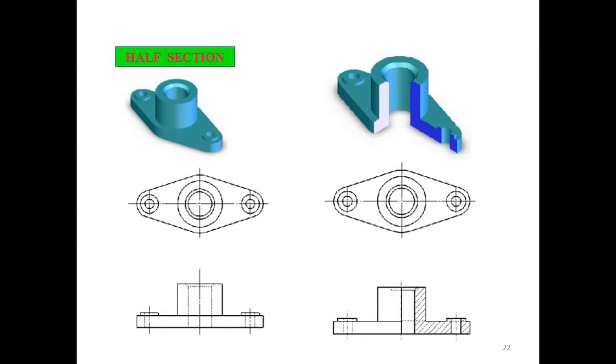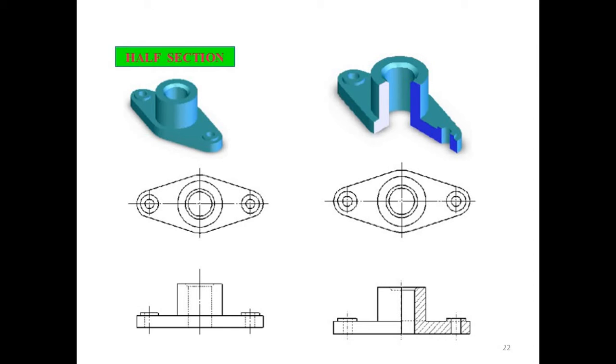Here are some sketches of half sections. In the first, it is without half section, and in the second, half section is shown. In the first, its orthographic views are there. From it, it is clear what is meant by half section.